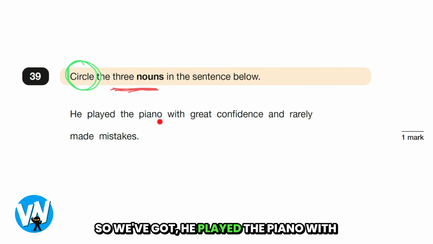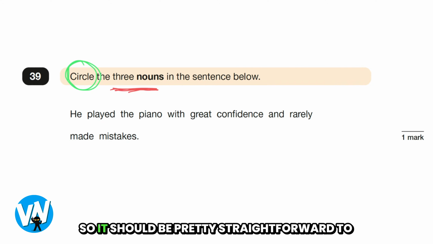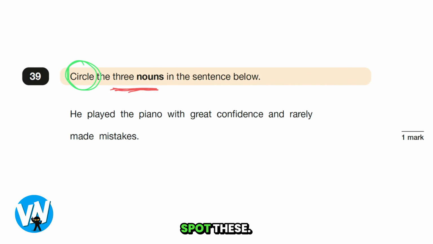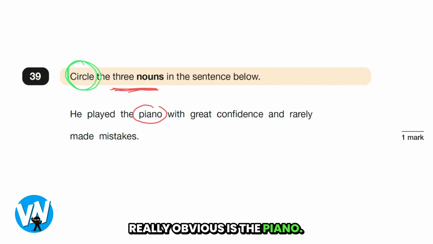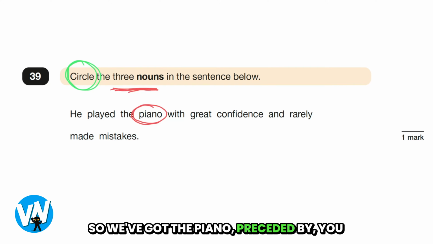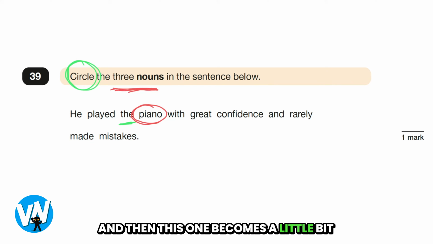So we've got, he played the piano with great confidence and rarely made mistakes. So it should be pretty straightforward to spot these. So the first one that we've got that's really obvious is the piano. So we've got the piano preceded by, you wouldn't do this, but that determiner that's going to help us spot that there. And then this one becomes a little bit tricky in the next bit with, so he played the piano with great confidence.